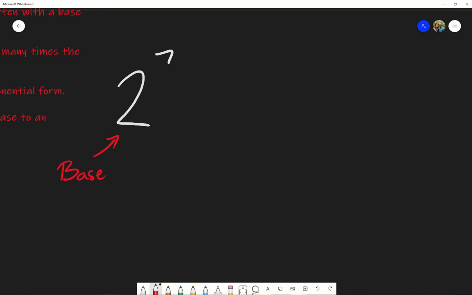This is the number that's going to be multiplied a bunch of times. It's going to be 2 times 2 times 2 times 2 times 2, all the times. 2 is the base, and 7 is the exponent. That tells us how many times we're multiplying 2 by itself.